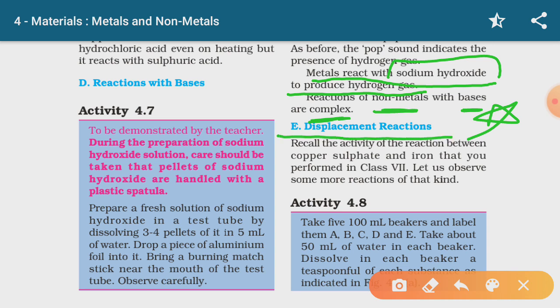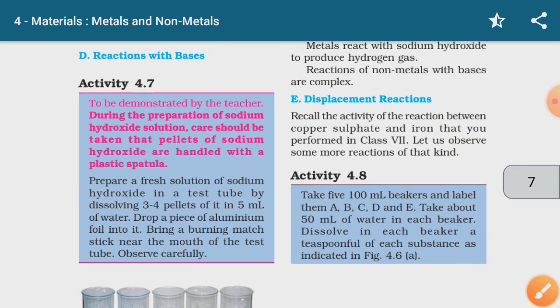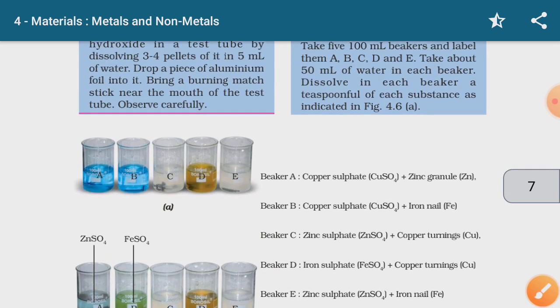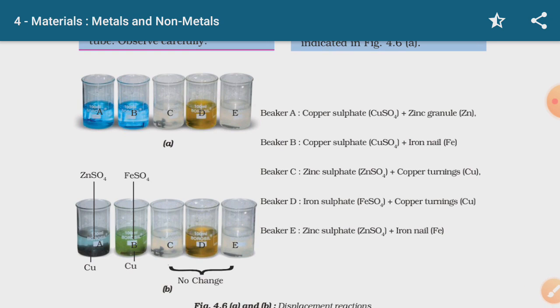What is a displacement reaction and how is it performed? You can see the activity shown here. Before that, you should know what a displacement reaction is. Metals placed higher in the activity series or reactivity series are more reactive than those metals placed below.